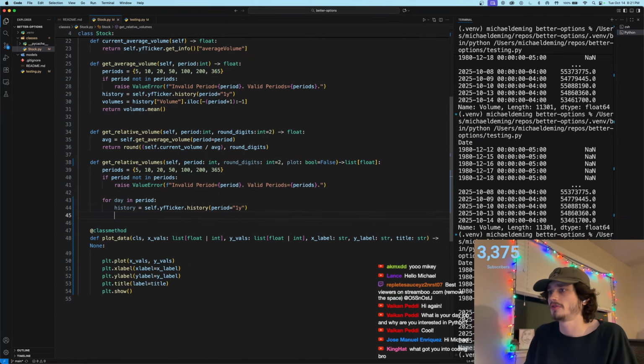And then what we're going to do is go get the volume out of this. So volume is equal to history key of volumes, right?